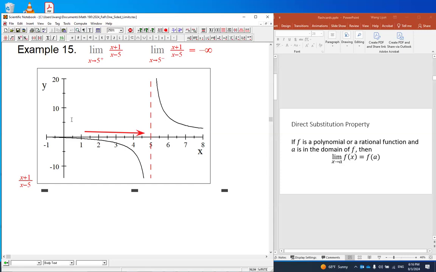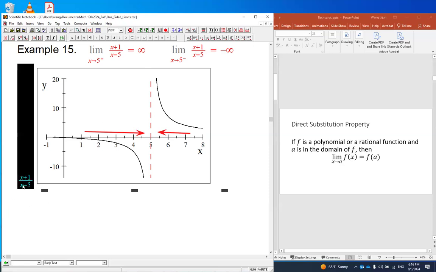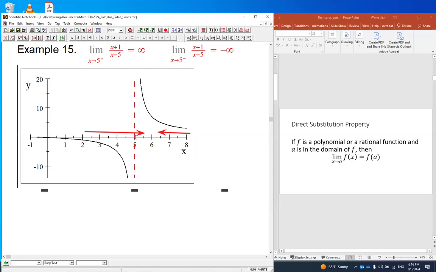And the other one is approaching 5 from larger than 5, so that's going to be positive infinity. So that's how these limits work. If I don't draw the picture, then I cannot tell. Well, we can still tell.